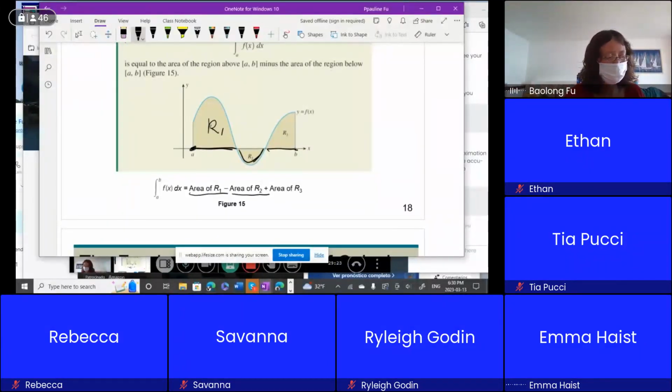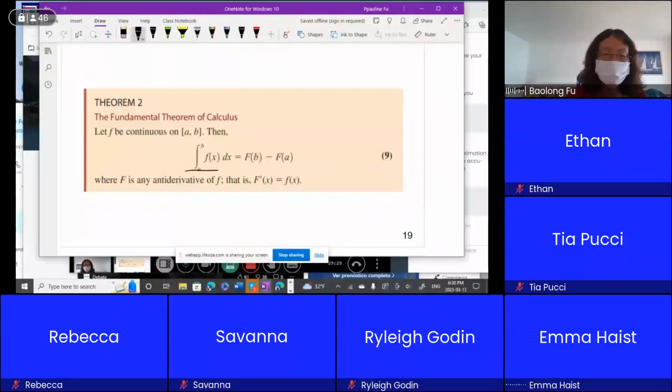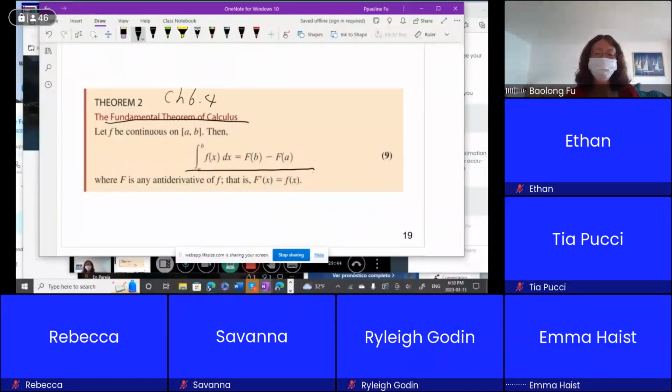Okay. So we did it. This is an important formula, the fundamental theorem of calculus. It is chapter 6, section 4. It says f is a continuous function on interval AB. So the definite integral from A to B equals the antiderivative function capital F(B) minus capital F(A).